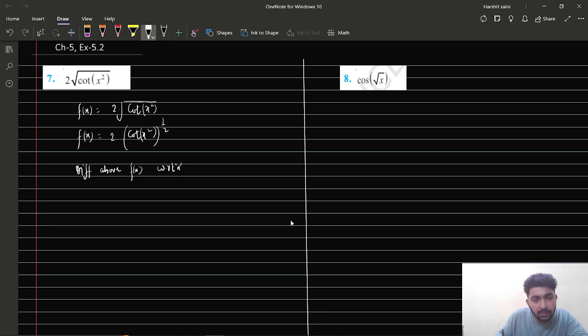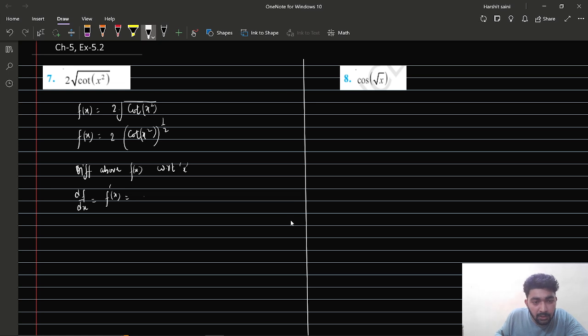The notation is df upon dx. Either you can use this notation or the other one, it's your choice. Both are representations of the derivative of f.